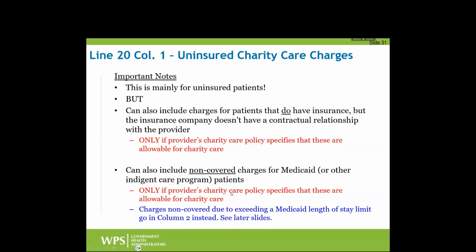I want to stress, though, this non-covered charge for Medicaid is different than the whole exceeding length of stay limit. Yes, that's non-covered as well, but for a different reason. Non-covered up here that I'm talking about is maybe that service isn't covered for whatever reason. Everything else might be, but that service is not. The Medicaid length of stay limit has that special treatment, unfortunately.